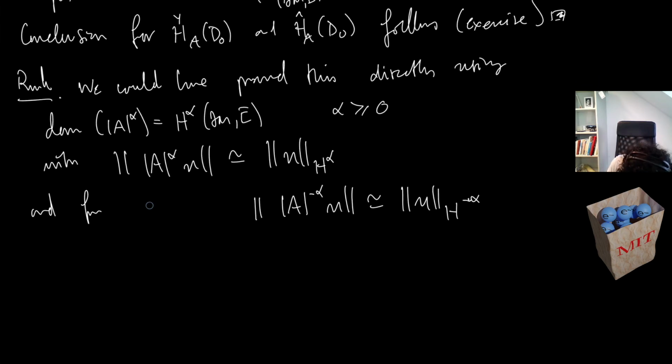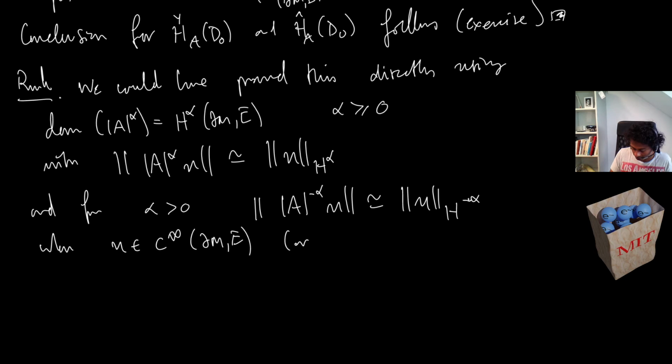Okay, sorry, for alpha positive again, I've used the negative here. When U is in C infinity partial M, or you could have U in L2 of partial M. Okay?